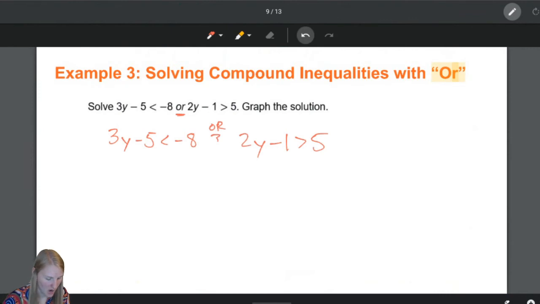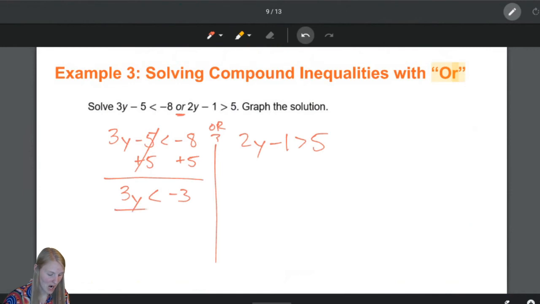So I'm going to look at this one first. I have 3y minus 5, so I'm going to add 5 to both sides. And now 3y is less than negative 8 plus 5, which is negative 3.